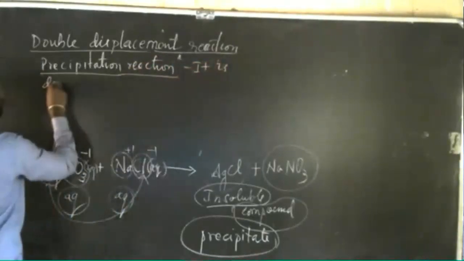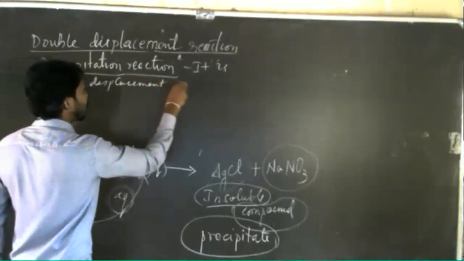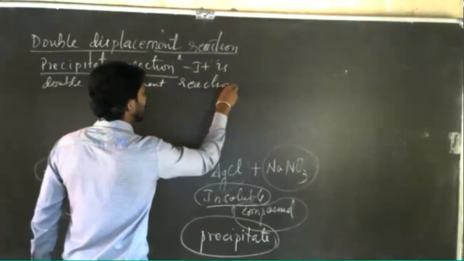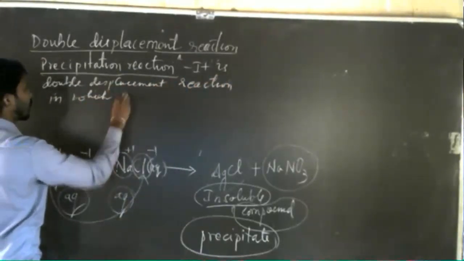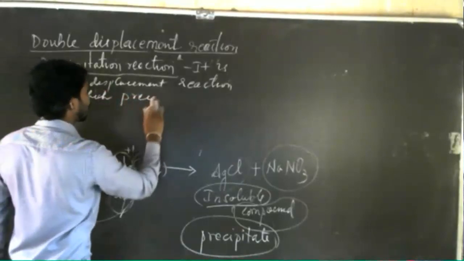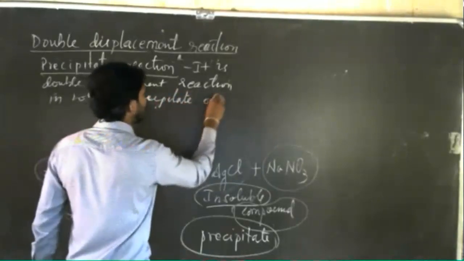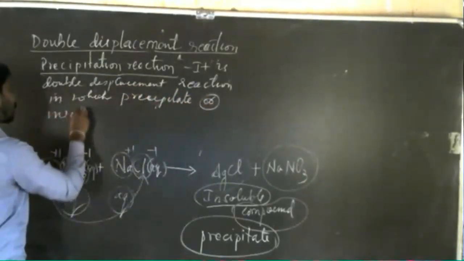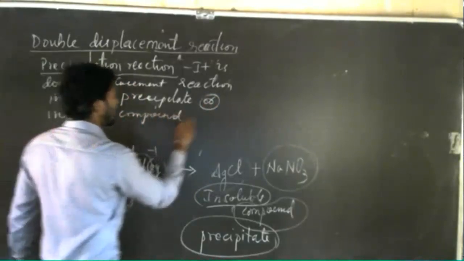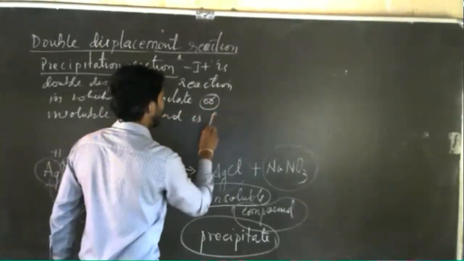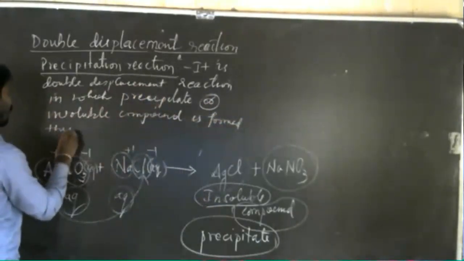Precipitation reaction. It is a double displacement reaction in which a precipitate, or an insoluble compound, is formed.